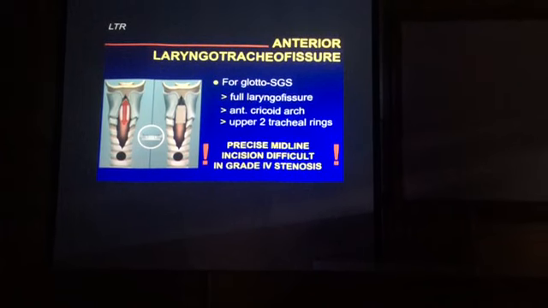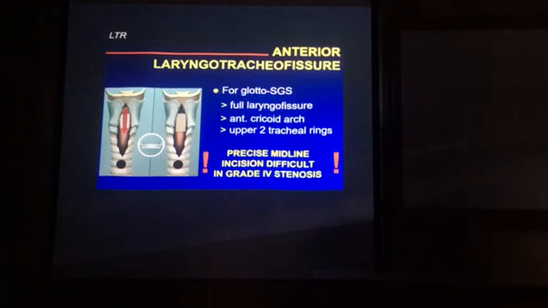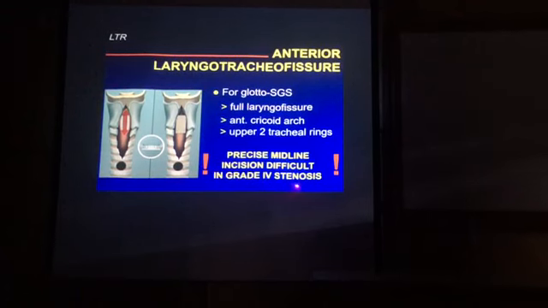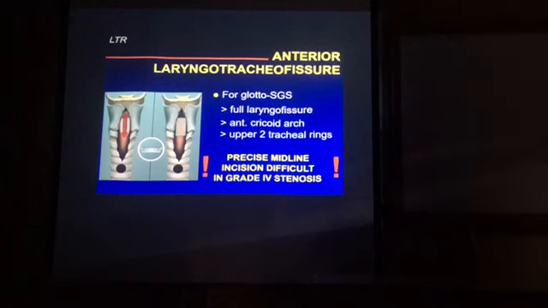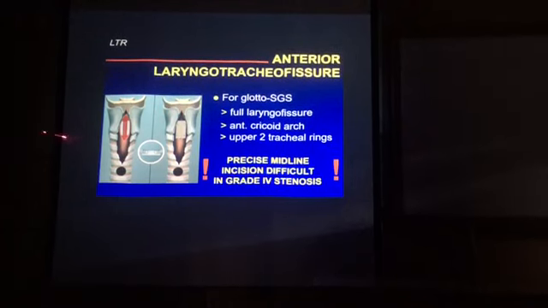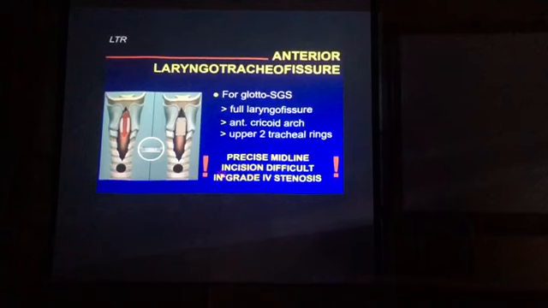The precise midline incision is difficult when you have severe stenosis. And usually we never use this laryngotracheal reconstruction for grade 4 stenosis, which corresponds to a total obstruction of the airway. There we do a cricotracheal resection.